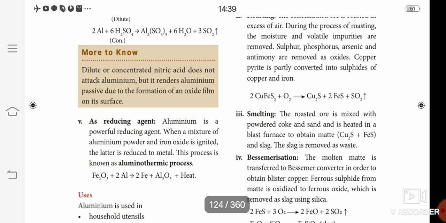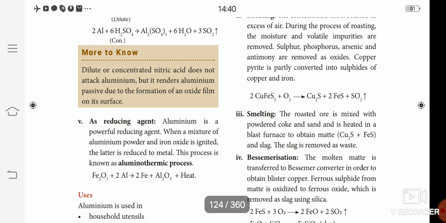The reaction: 2CuFeS2, copper pyrites, reacts with oxygen to give Cu2S, copper glance, and FeS, and sulfur dioxide is evolved.